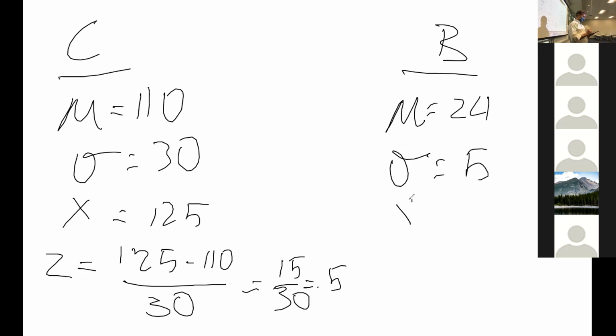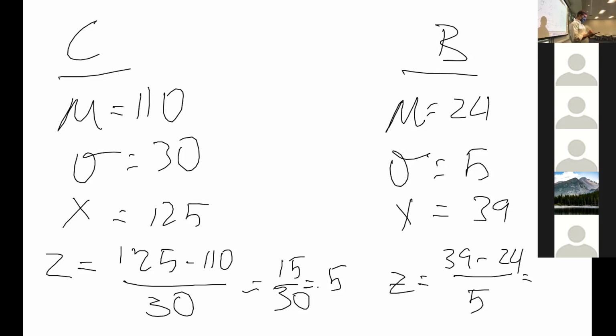And then for Boston, we have our new x value, which is 39. So to get our z-score, we take 39 minus 24 divided by 5. So that gives us 15 over 5, or 3. So based off of this, what's your interpretation? Did Boston or Caribou have a worse winter than average?